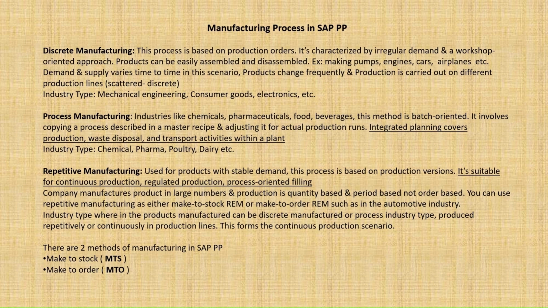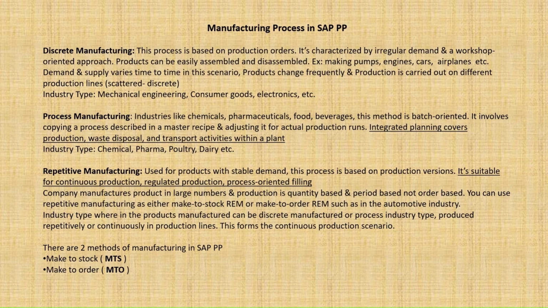Method of manufacturing: make to stock and make to order. Make to stock means you are producing it to keep it in stock. You don't have any order; no one has placed an order saying they want this particular thing.